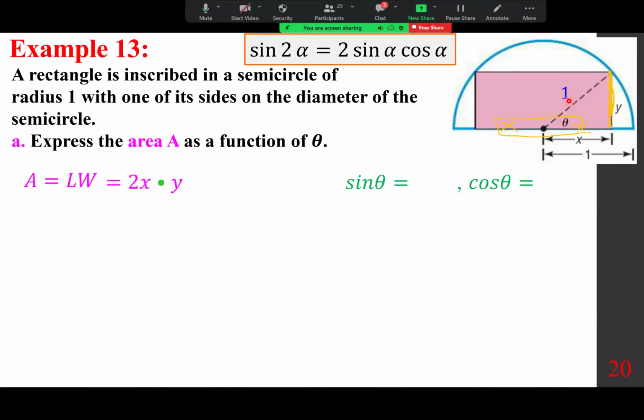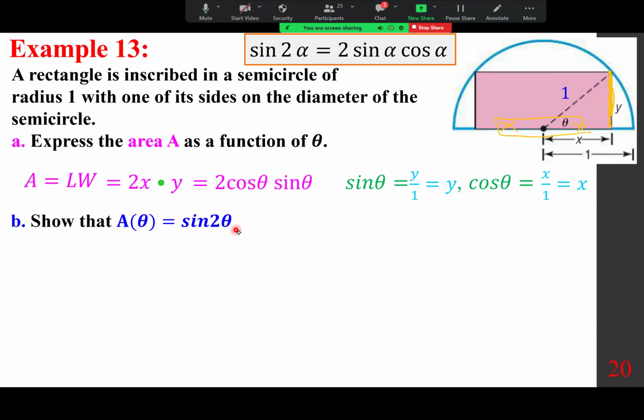Sine theta is the opposite, y over 1, and the cosine theta is the adjacent, x over 1. And so we can replace the x with cosine, y with sine. So 2 cosine theta, sine theta.